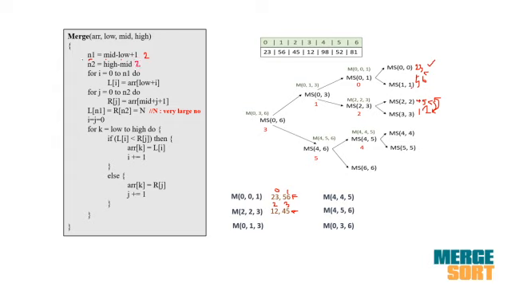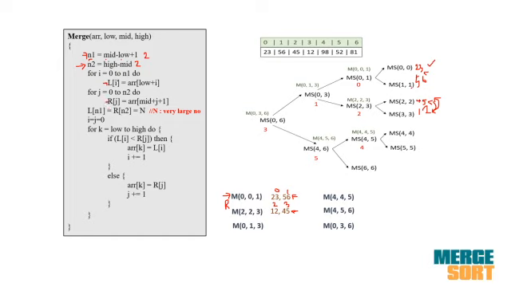What n1 and n2 do is find the number of elements in the left part of the array, and the number of elements returned by the right part of the array. So this you can consider the left part, and this is going to be the right part. These contain 2 elements each. Now there will be temporary arrays L and R. L stands for left and R stands for right here.